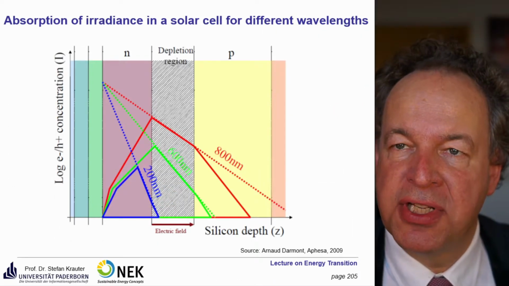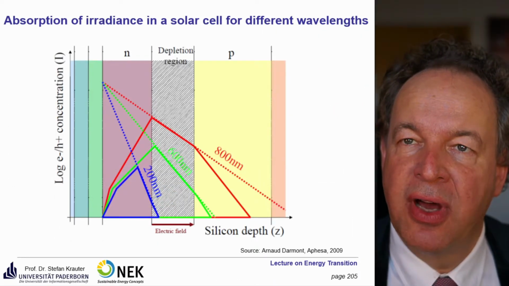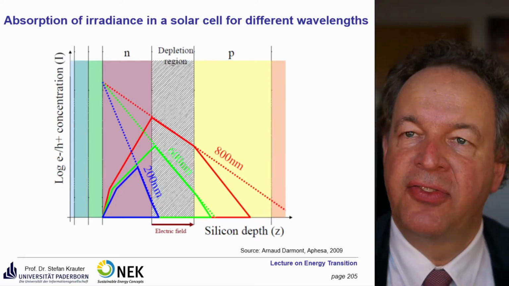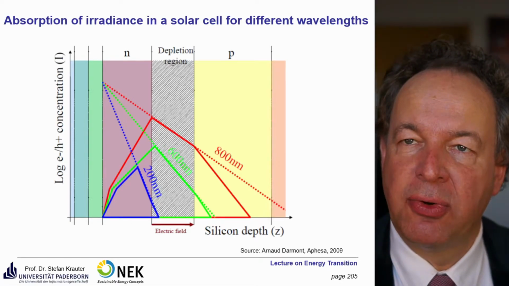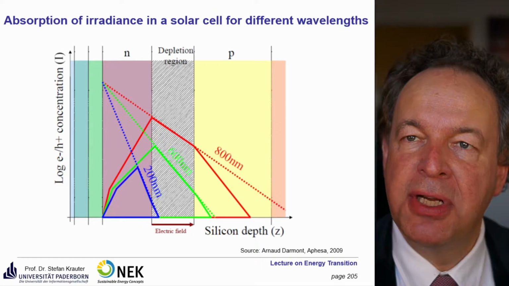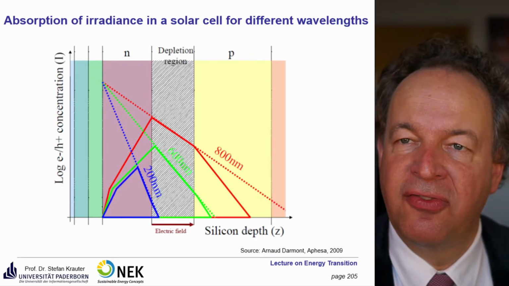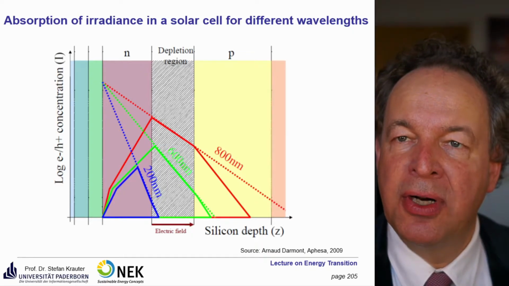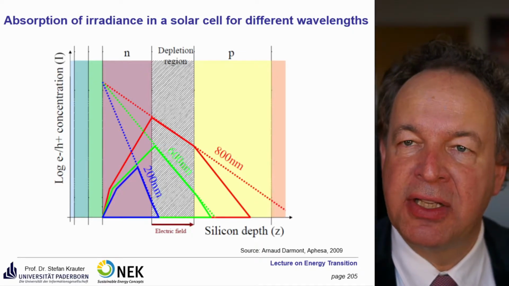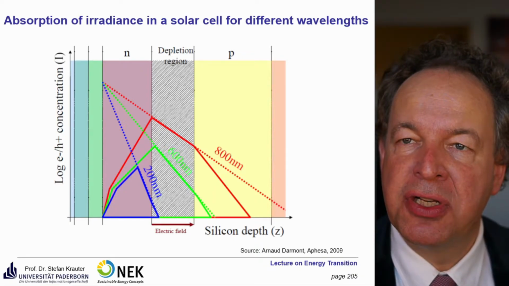Here you see a cross-section of a solar cell. So you have here the different doping of the solar cell, N region and P region. And in the middle you have the depletion region where you have this internal electrical field. You see in blue color a wavelength entering at 200 nanometers, so it hardly reaches the depletion region.